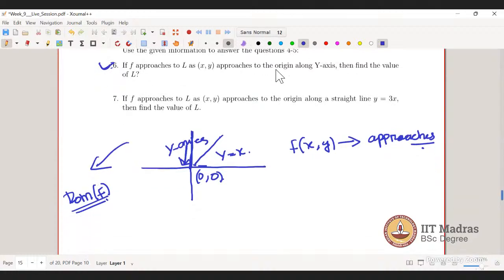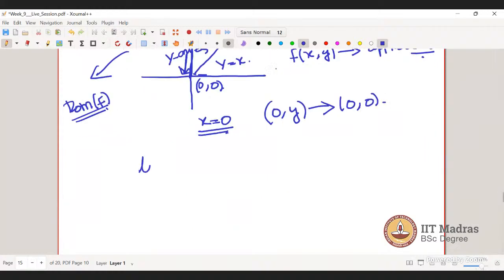Okay, so the thing is, if you come to origin along y-axis, what will be the x coordinate? 0. X coordinate is 0, right? So basically you are coming along it, and you have to find the limit in this case.